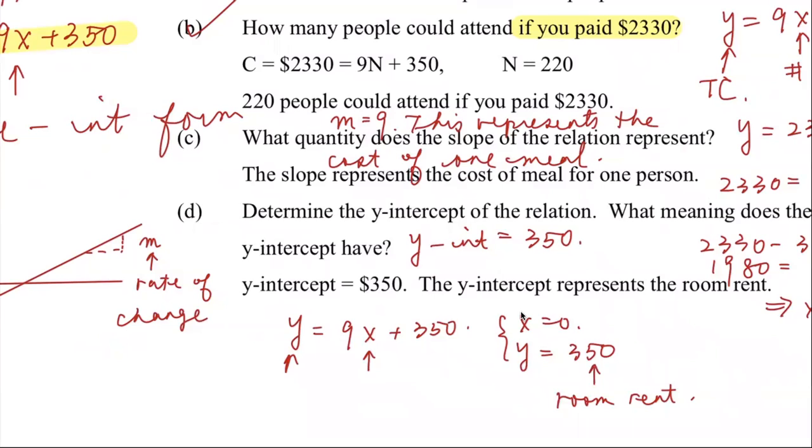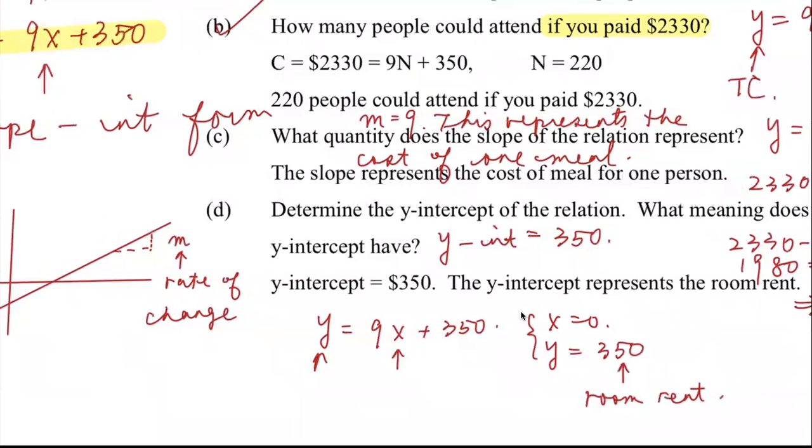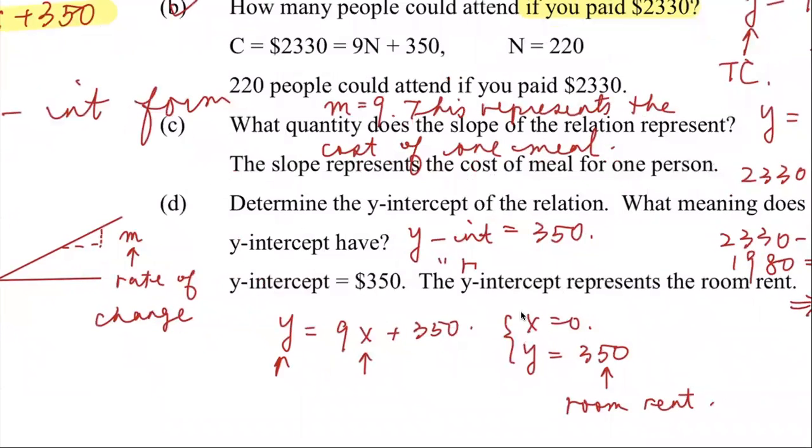You can invite 10 people, 20 people, 300 people, it doesn't matter to me, but you need to pay me the rent. So the y-intercept here is equal to 350, and the meaning is room rent.